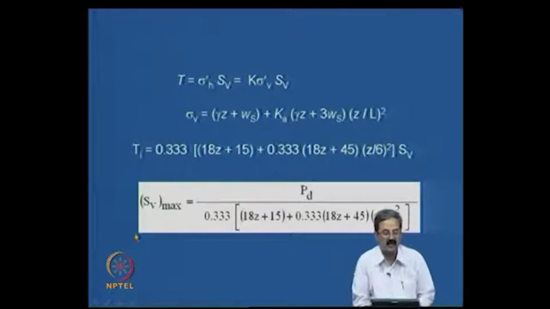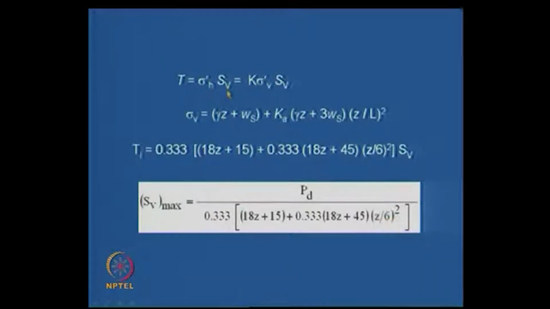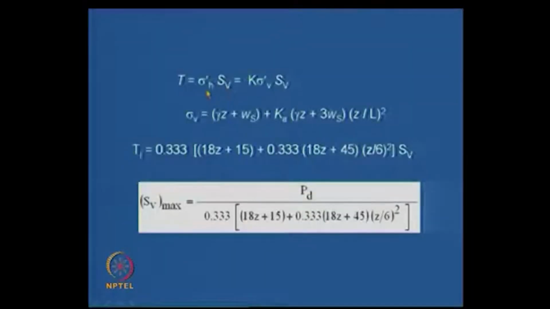Now, as I just mentioned, how to calculate the tensile forces? This is the horizontal force into SV, where SV is the spacing. Say for example, you assume a spacing of SV, and this is a horizontal force, the tensile force required to keep that place in position. Ka, this is what it is, and sigma V is nothing but this formula, right?